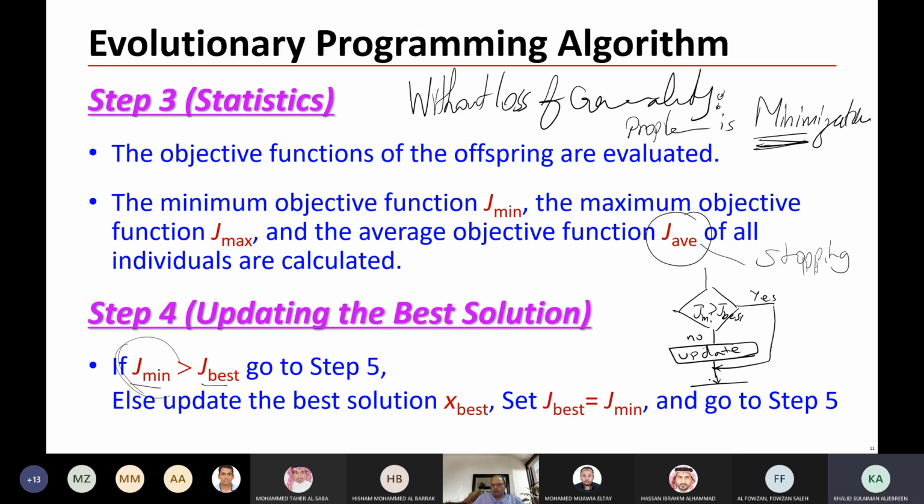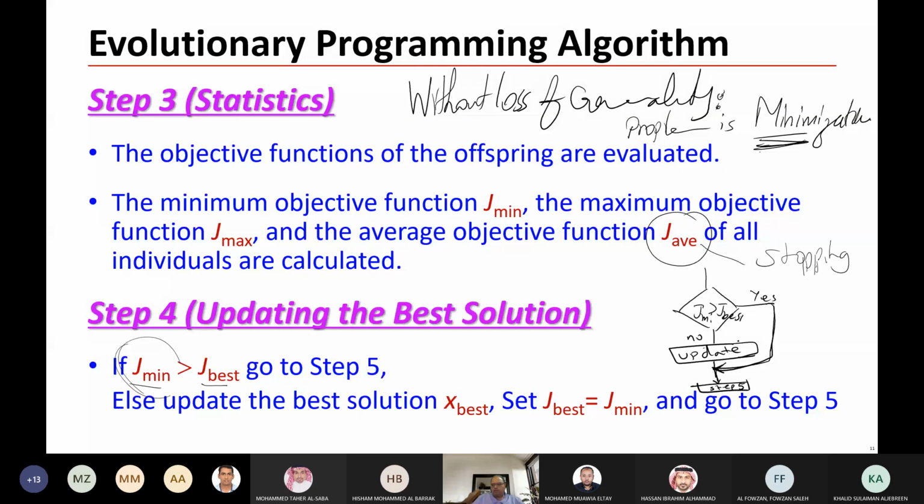If J minimum is greater than J best, then if yes, go directly to step 5. This is step 5. If no, that means the minimum here is better than the best, since this is a minimization problem.